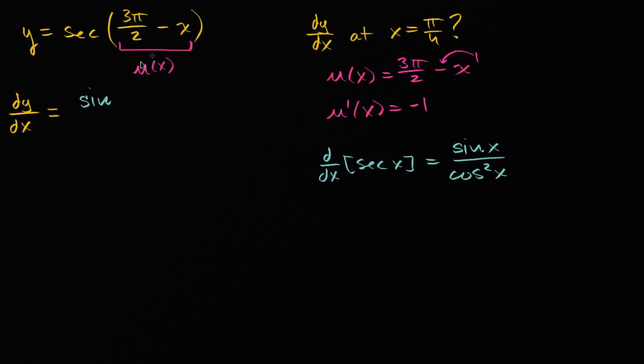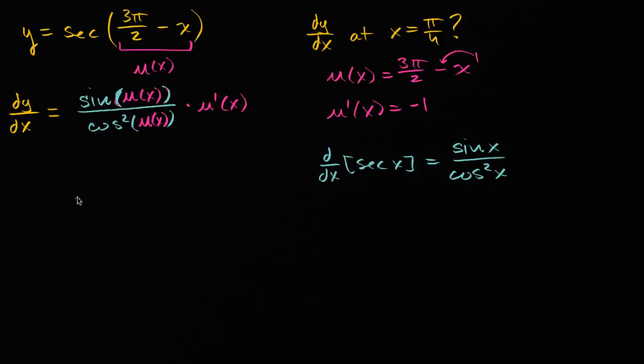I could write 3 pi over 2 minus x, but I'll write u of x right over here just to really visualize what we're doing. So sine of u of x over cosine squared of u of x. Let me do those parentheses in the blue color just to make sure that you identify it with the trig function. So that's the derivative of secant with respect to u of x. And then the chain rule tells us it's going to be that times u prime of x.